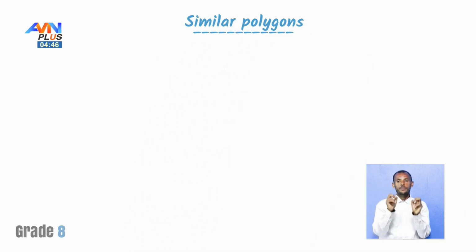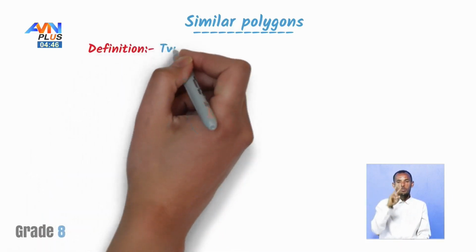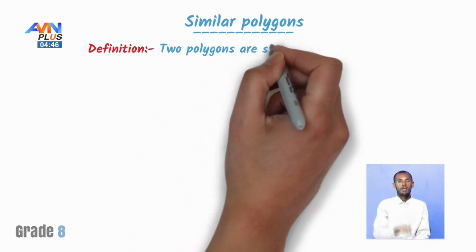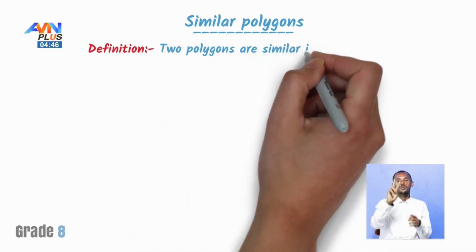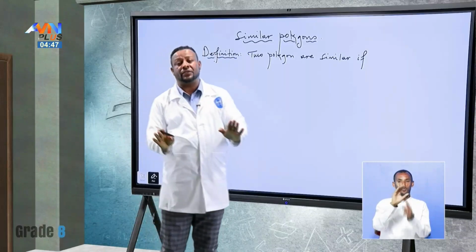Okay, if we have two polygons, we can construct a definition of similarity. Okay, two polygons are similar if two conditions are satisfied.